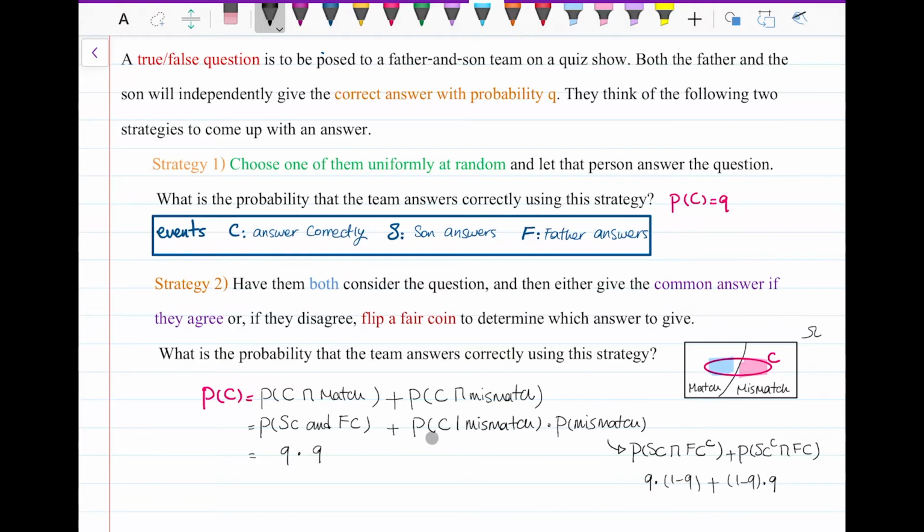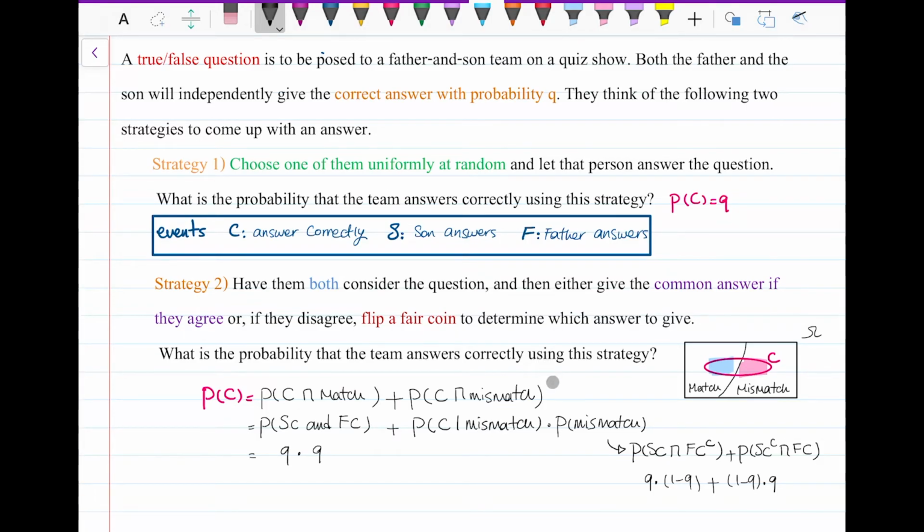Now, what is the probability that they give the correct answer given that they mismatch? Okay, so we say that if they disagree, in that case, we just flip a coin to determine which one gives the correct answer. So when they mismatch, exactly one of the father and the son is correct, okay? Because this is a mismatch, both of them don't agree on their answers. So we don't have the situation that both of them give the correct answer or both of them give the incorrect answer.